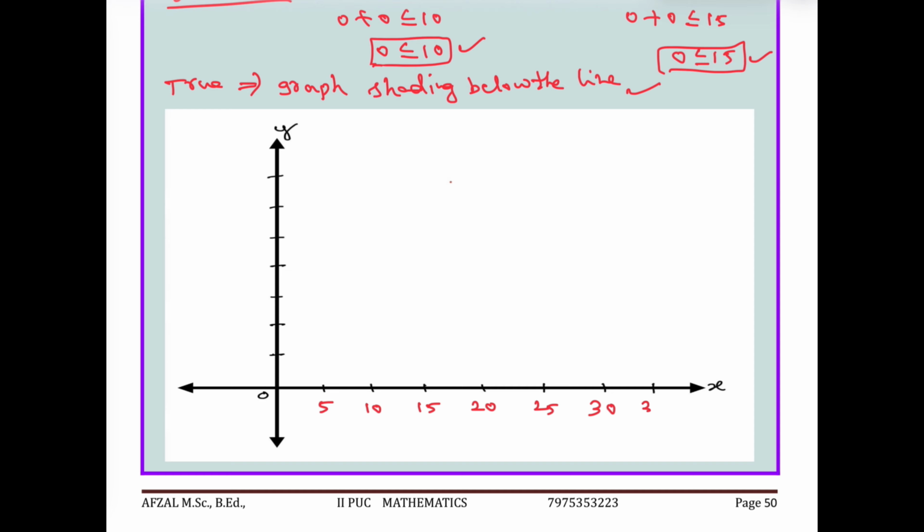Then we find adjoint A. Adjoint A means the transpose of the cofactor matrix, that is 5, 5, 5, 3, -13, 11, 9, 1, -7.